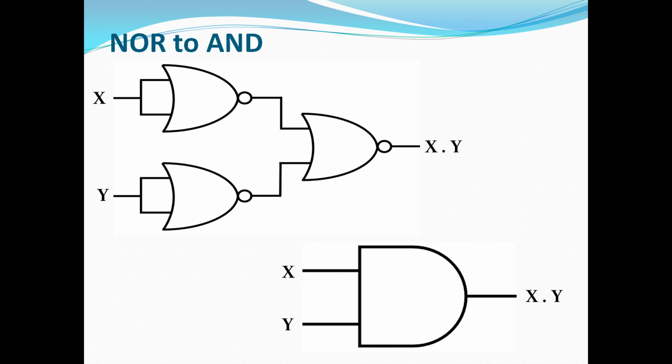Both inputs are X and Y, and in both figures the output is X dot Y. So three NOR gates are required. Remember, the first NOR gate's inputs are connected together, and the second NOR gate's inputs are also connected together, to implement the AND gate.